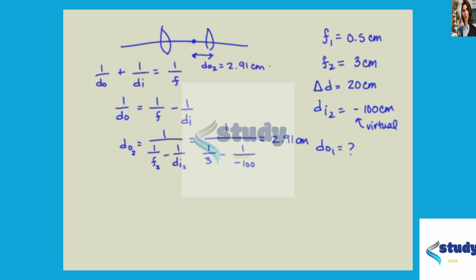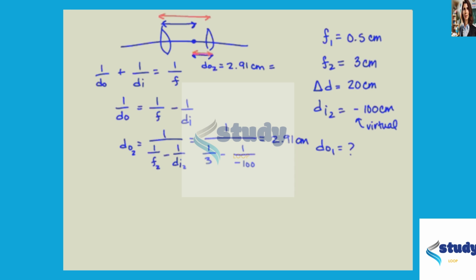That's also the location of where the image is for the first lens. So that means this distance here is this distance minus this distance.